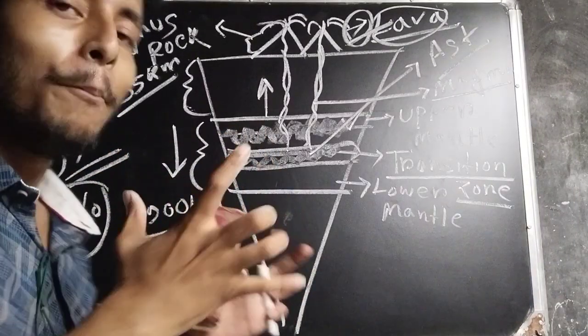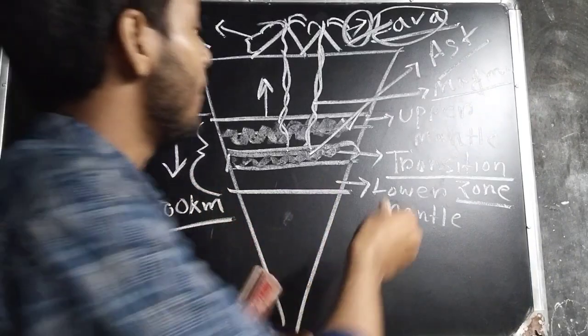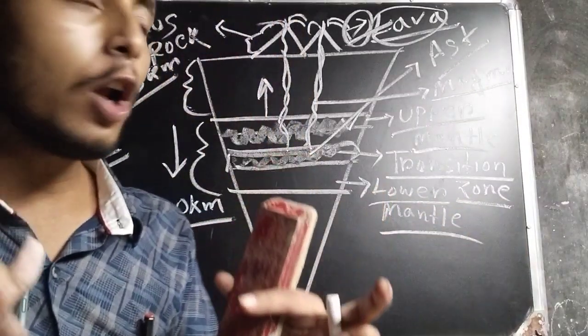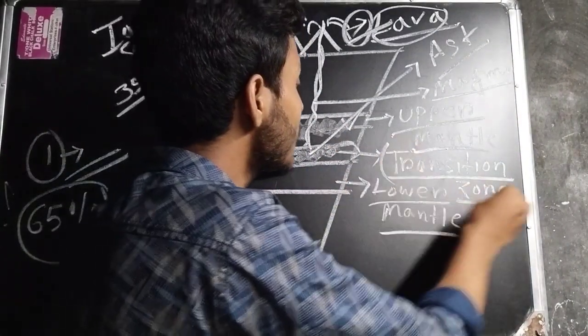First, the mantle is mainly divided into two parts: the upper mantle and the lower mantle. And the advanced zone is called the transition zone.